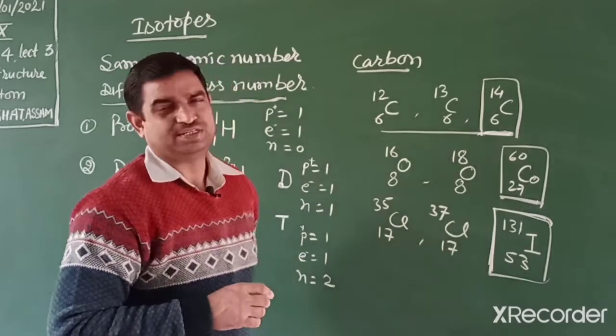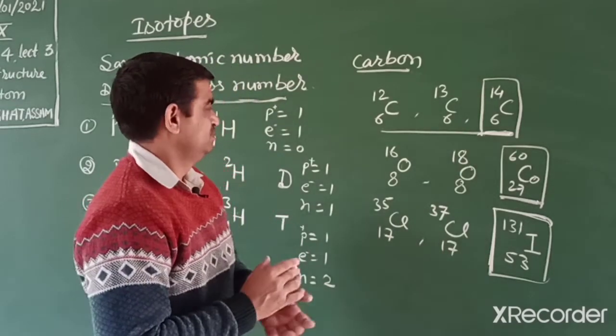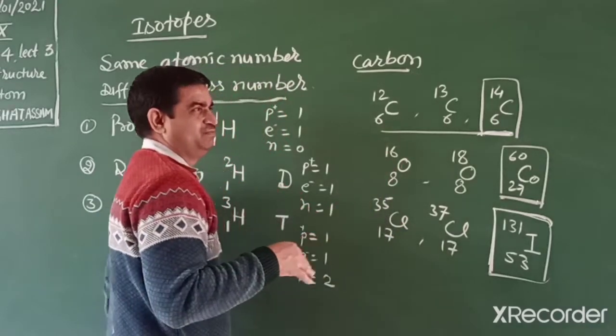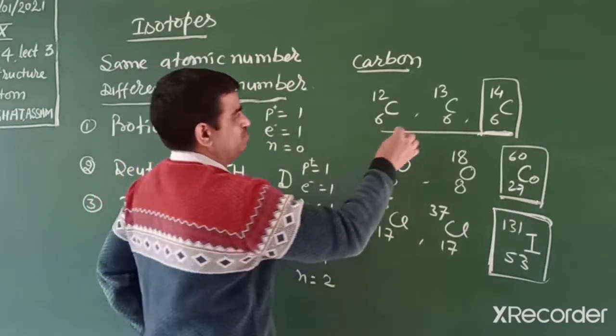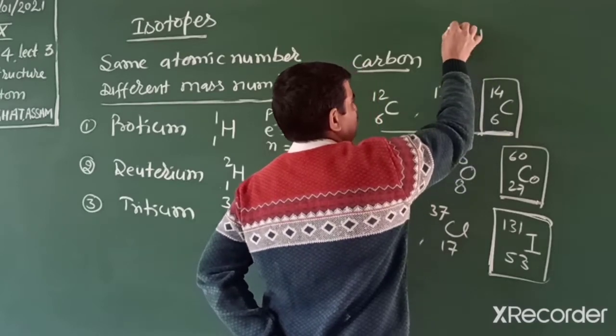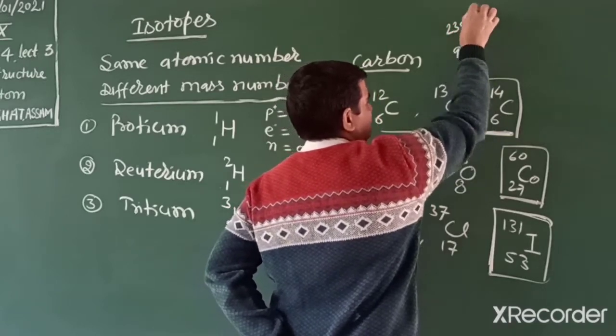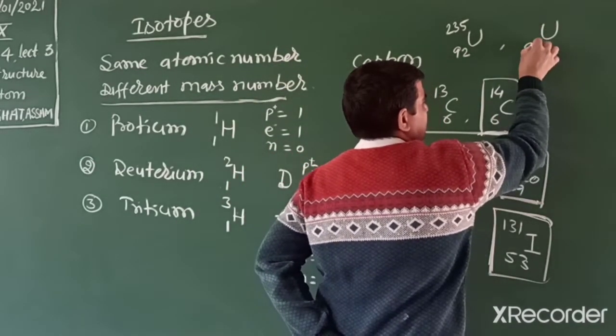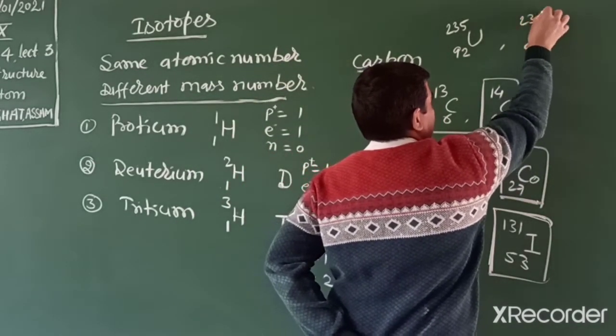Another application is uranium. Students, you know uranium is used for making atomic bombs also. Uranium atomic number 92, mass number 235. Another isotope, uranium 92, 238.